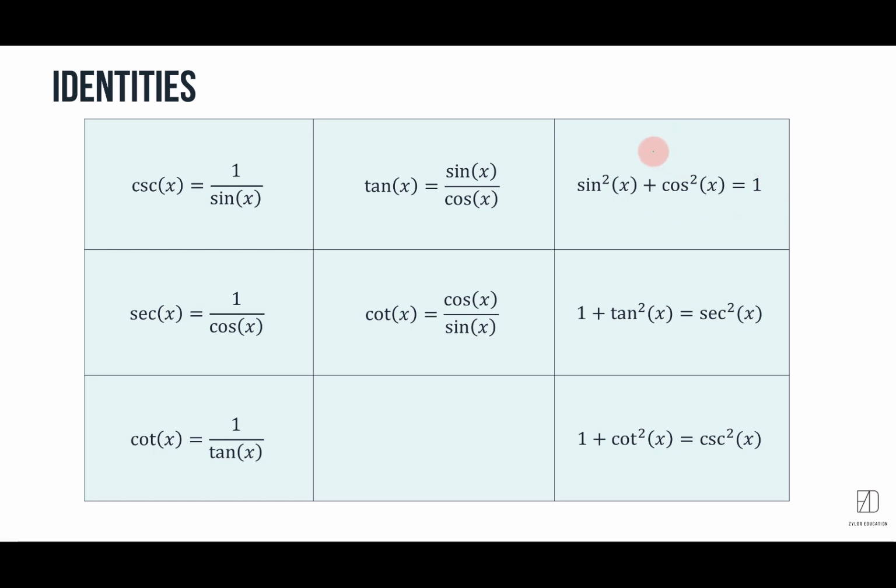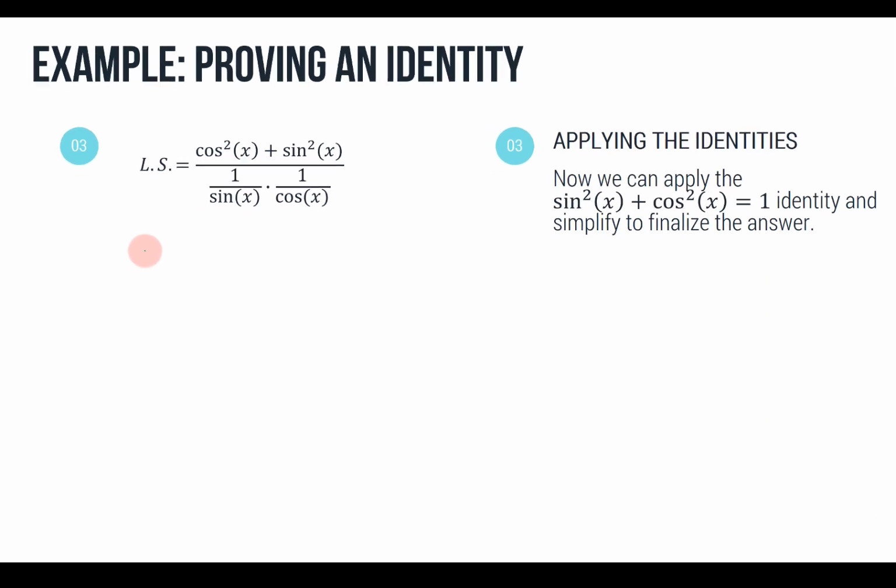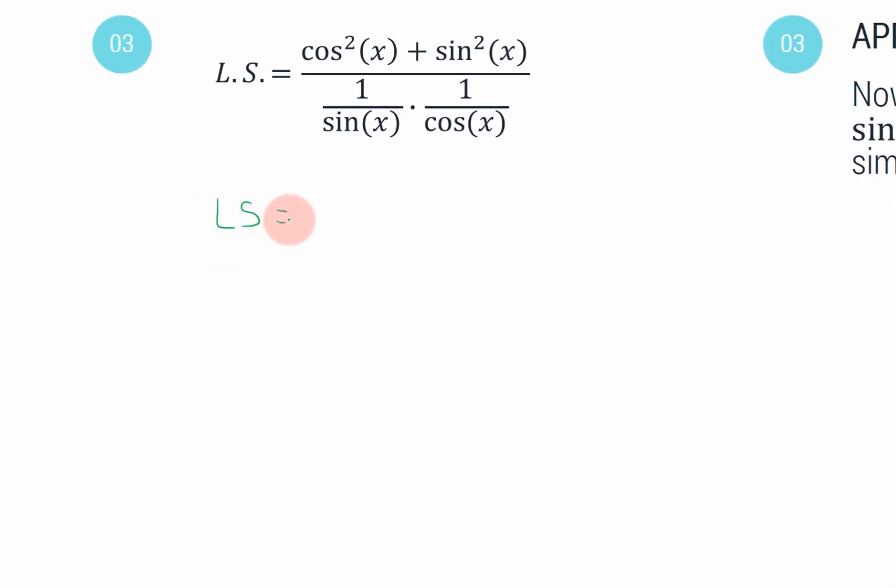So we can simplify sine squared x plus cosine squared x to be 1, according to this identity. So let's rewrite the numerator as 1. And we'll combine what's in the denominator to be 1 over sine x times cosine x.